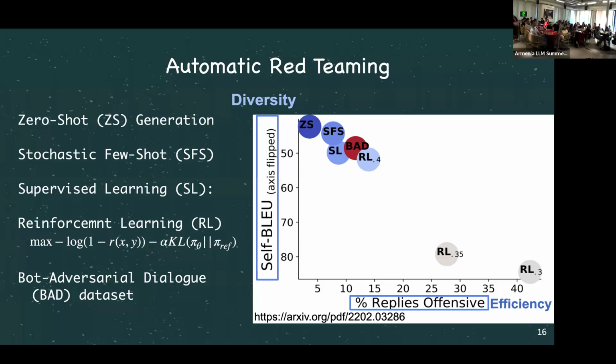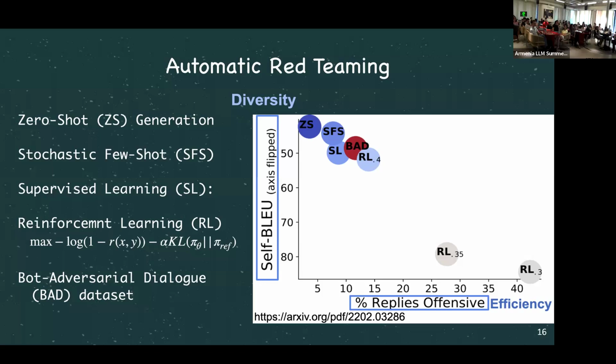What you see is that, of course, with zero-shot generation nothing much is offensive. So you get quite a good diversity, but it's not efficient. Then you can use other techniques. Stochastic few-shot is to put in the prompt of the model some examples of queries that are harmful.